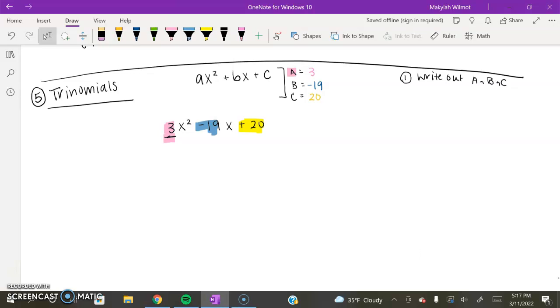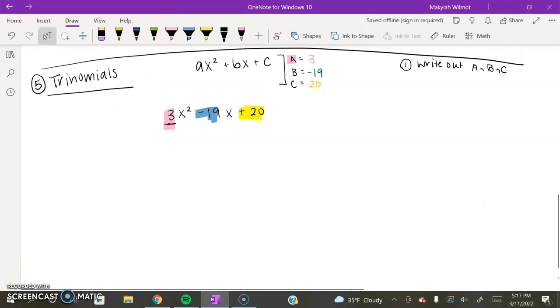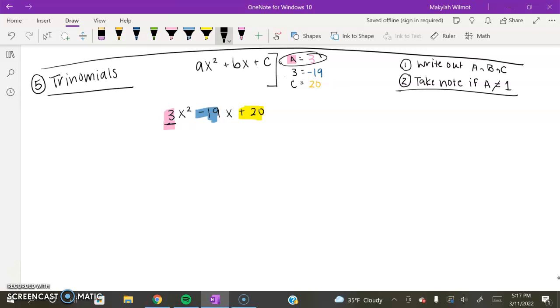Now, there are ways you can think about this, and I'll show you a few different ones. Your second step is to take note if A does not equal 1. This is important, okay? Right now we know that A does not equal 1. We don't do anything with this information now, but we will later.